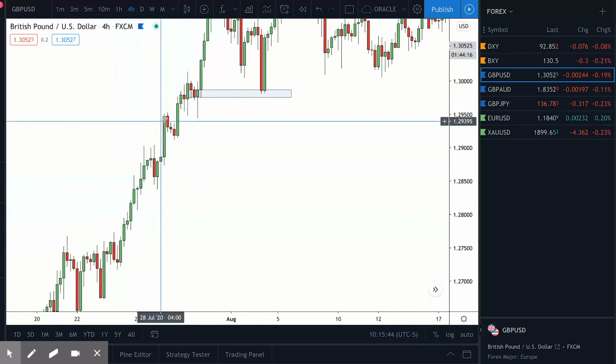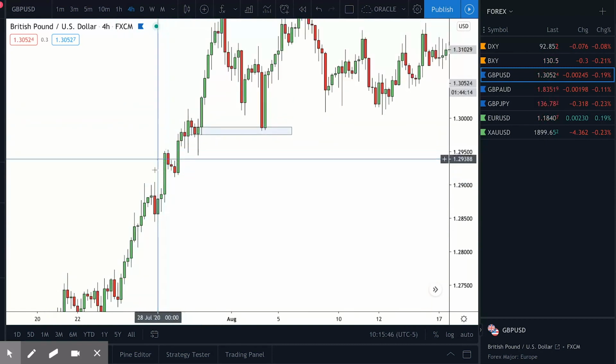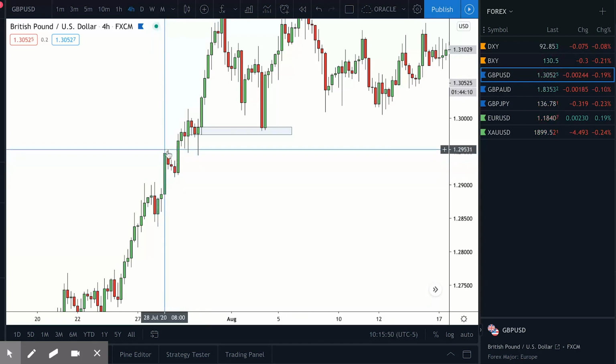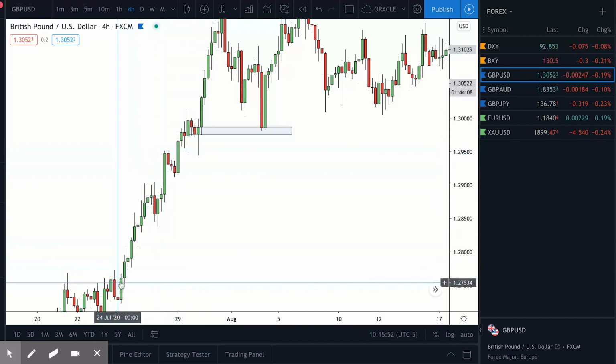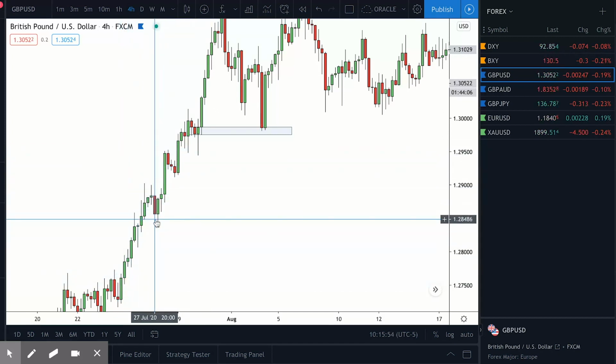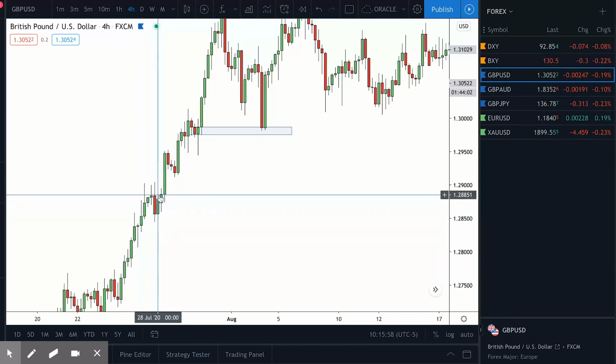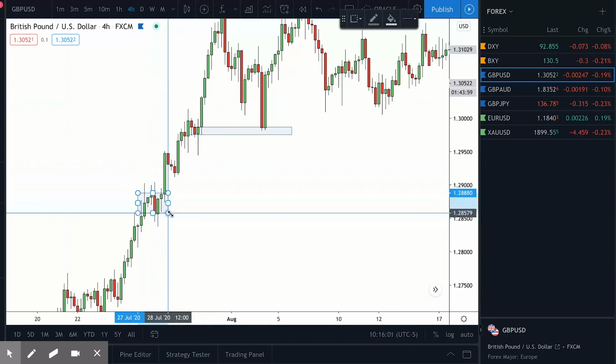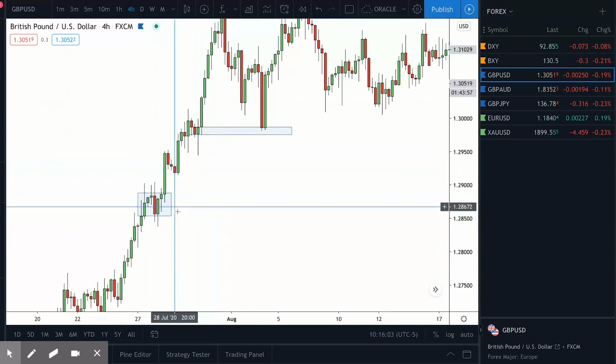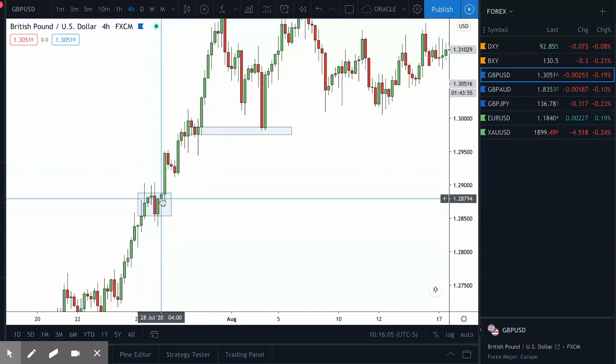So the buyers are pushing this market up. Now, when we get to these red areas, this is where the buyers are actually releasing their buying positions. Okay. So, for example, people from this movement will be taking profits. Others will be re-entering. And the accumulation of orders here, where people are taking profits and others are re-entering the markets, forms an accumulation.